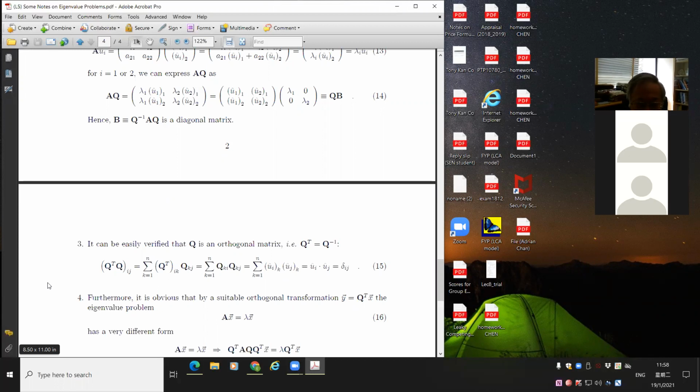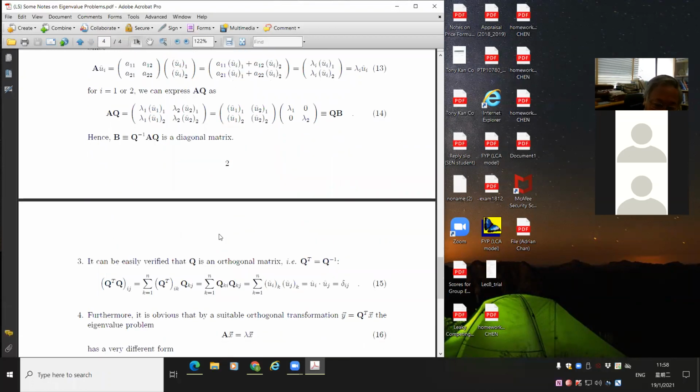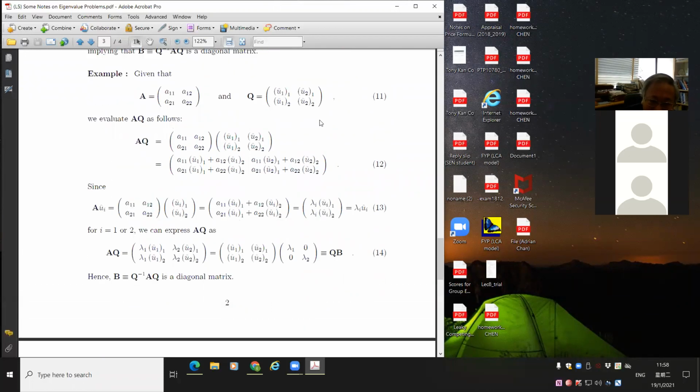Now, Q is an orthogonal matrix. Okay, let's check. We take the transpose of the Q, and multiply it to Q. So we just take the transpose, interchanging columns and rows of the matrix Q, and that is the transpose, and then multiply to Q. Now that means what is the transpose?